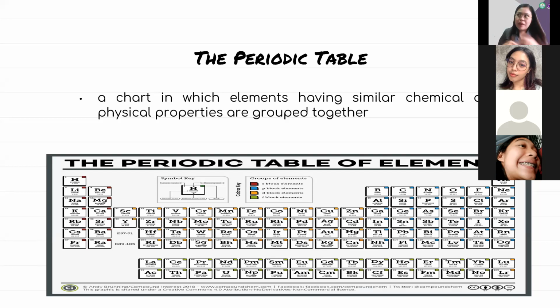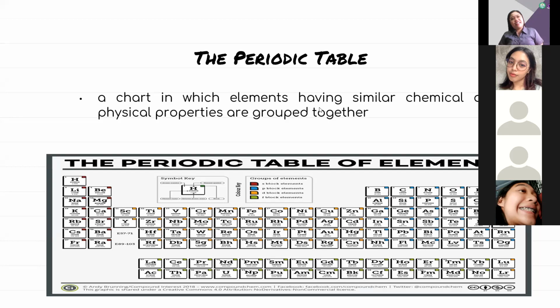But among the names in history who made the periodic table, who arranged the periodic table according to atomic number? How about the one who made his own atomic numbers and arranged the elements according to increasing atomic number? Who was that?